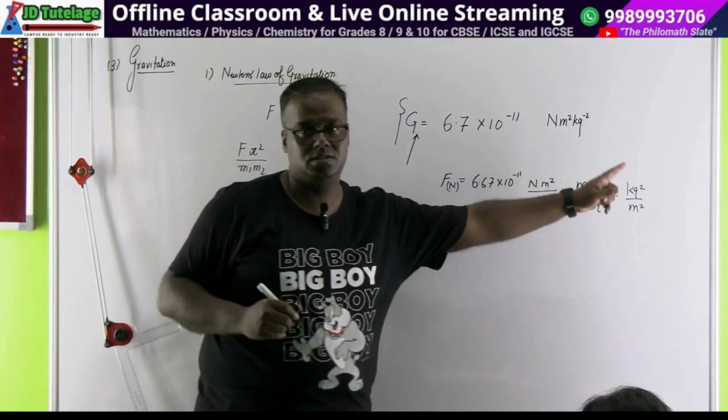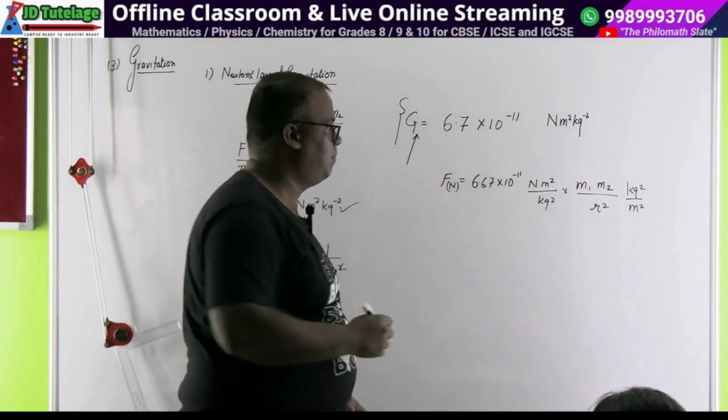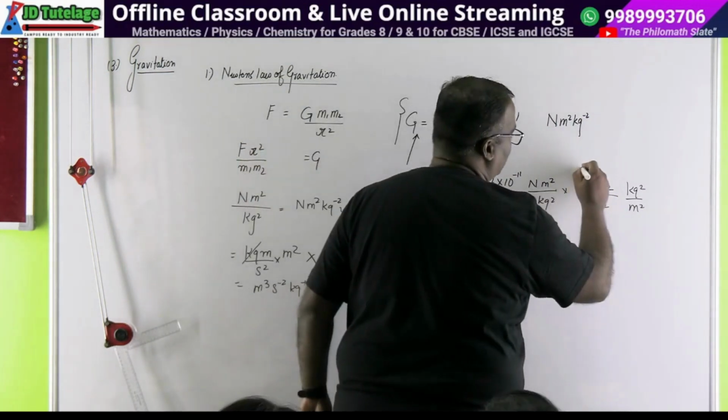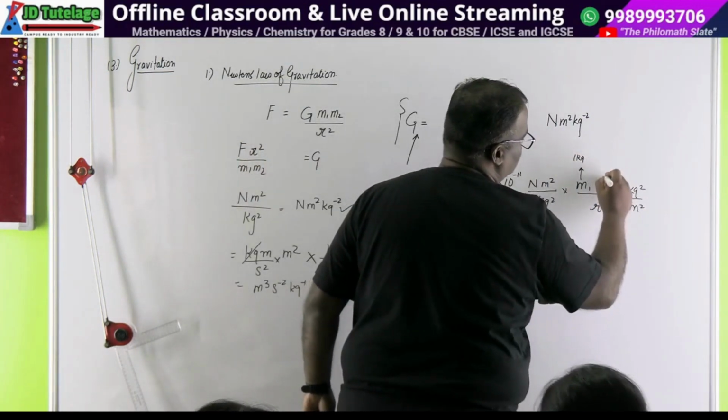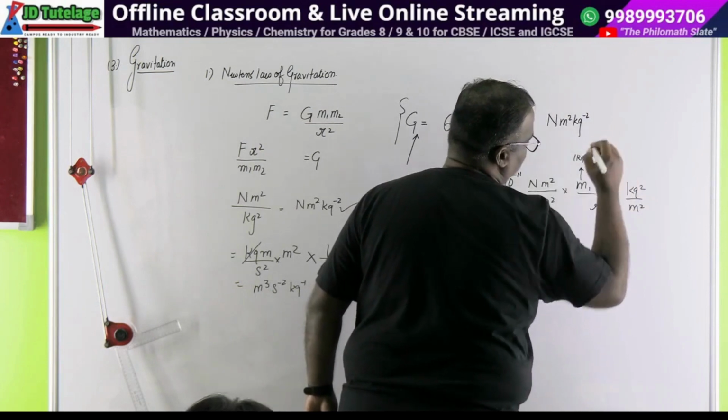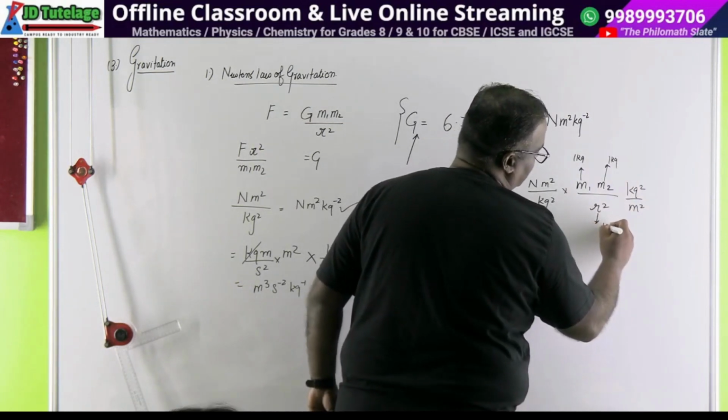So many newtons. Don't copy, look, assume that you have a body of mass 1 kg, assume the other body is also of mass 1 kg and they are separated by a distance of 1 meter.